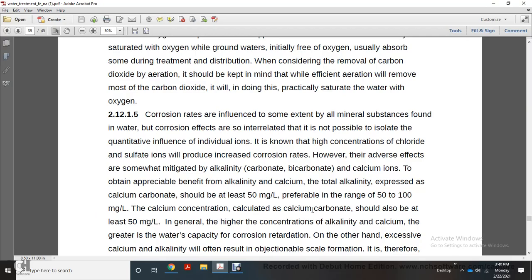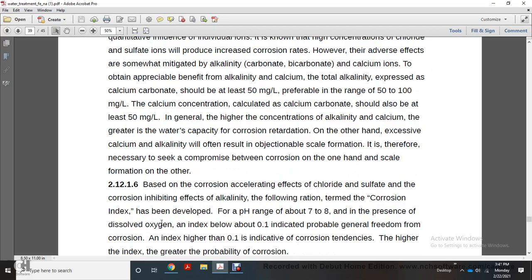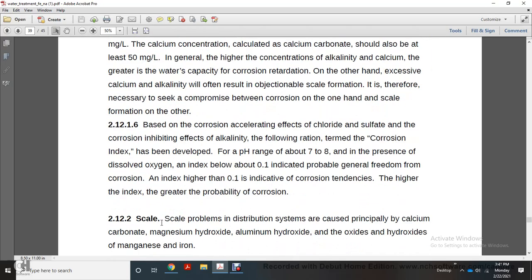Calcium concentration calculated as calcium carbonate should also be at least 50 milligrams per liter. In general, the higher the concentration of alkalinity and calcium, the greater the water's capacity for corrosion retardation. On the other hand, excessive calcium alkalinity often results in objectionable scale formation. It is therefore necessary to seek a compromise between corrosion on one hand and scale formation on the other.